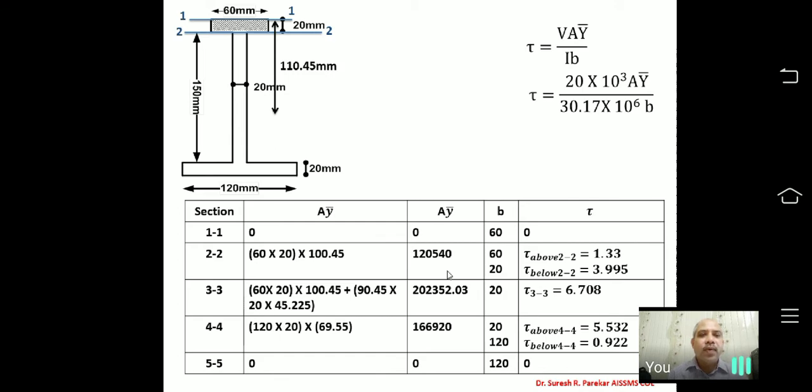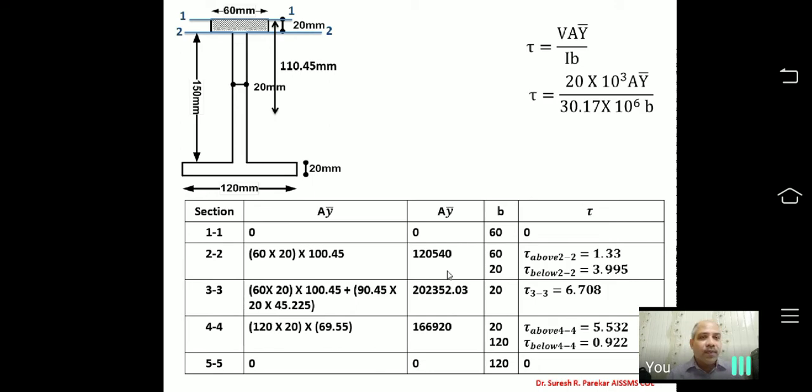B we have two values: just above 2.2 we have the value of B as 60, and just below 2.2 we have the value of B as 20. Now you put these values of A y bar and B in tau, and just above section 2.2 you will get a tau value of 1.33 Newton per mm square, and just below you will get 3.995, because whatever ratio you have of width will be your ratio of tau.